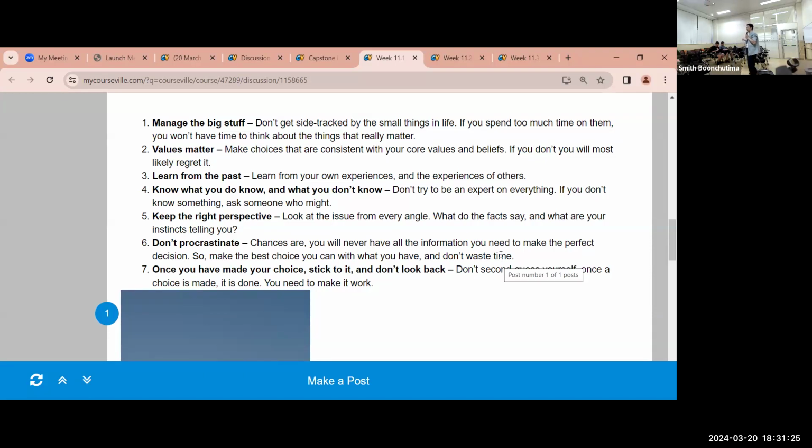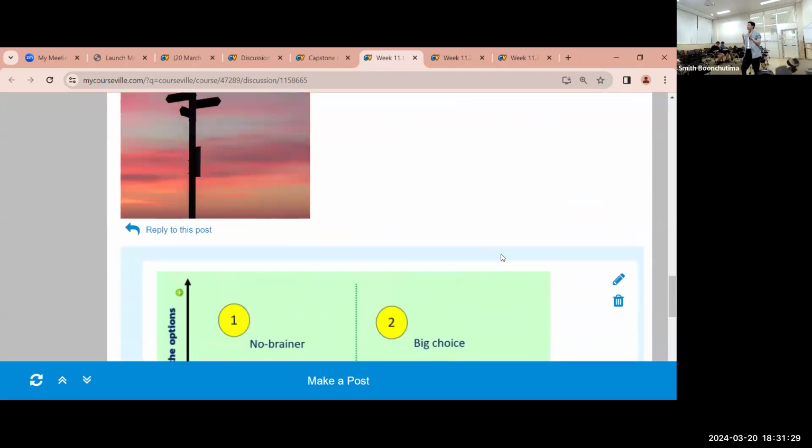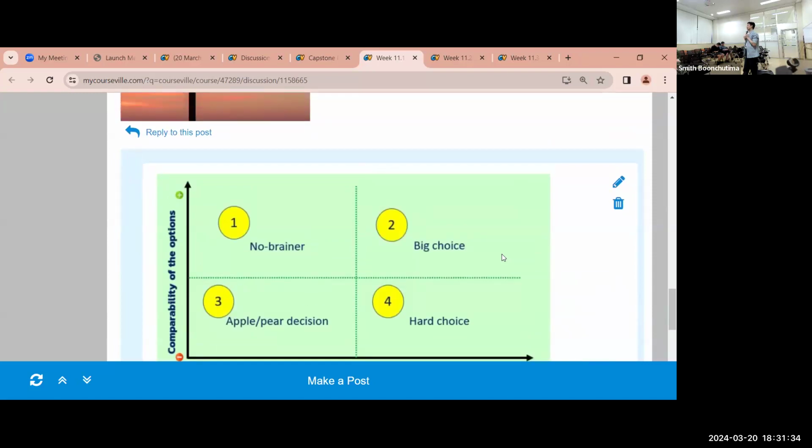Let me take one scenario for example. This one is kind of a no-brainer, because it is most of the time very easy to think about and very easy to say out loud.